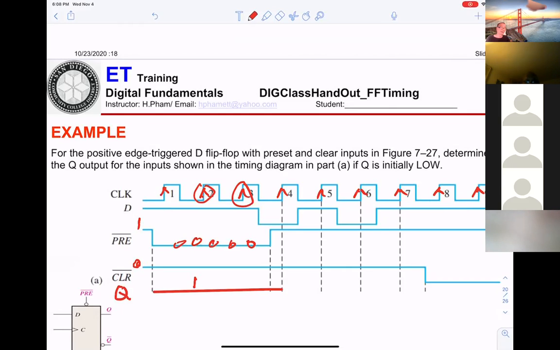Then now at the clock 4, what is D? Go to 0. D here is 0. So Q will go to 0. Okay? They will go to 0. To the next transition.